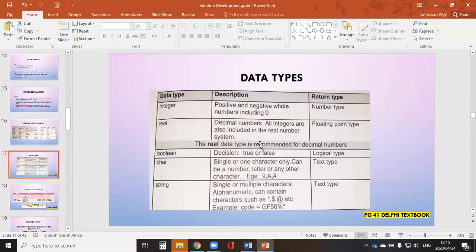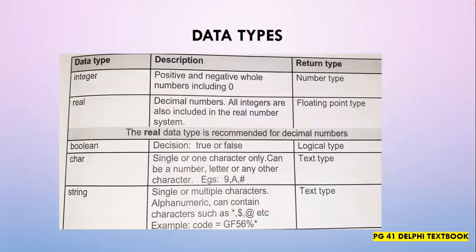Now, let's quickly do a refresher course on our data types. This comes out of your Delphi textbook, page 41. Integer can be positive and negative whole numbers, including 0, and it's going to return a number type. Real, this is where my decimals are.